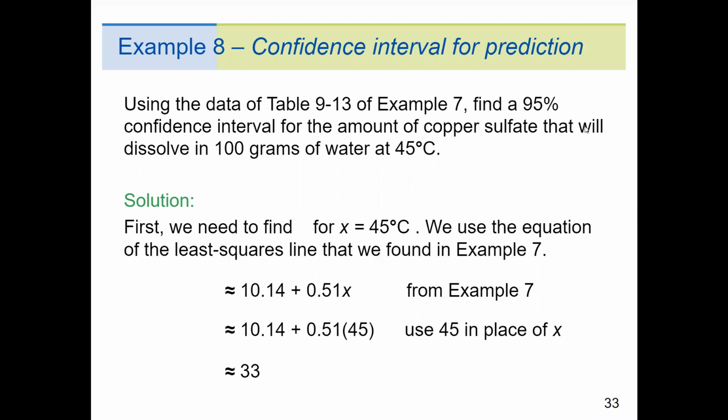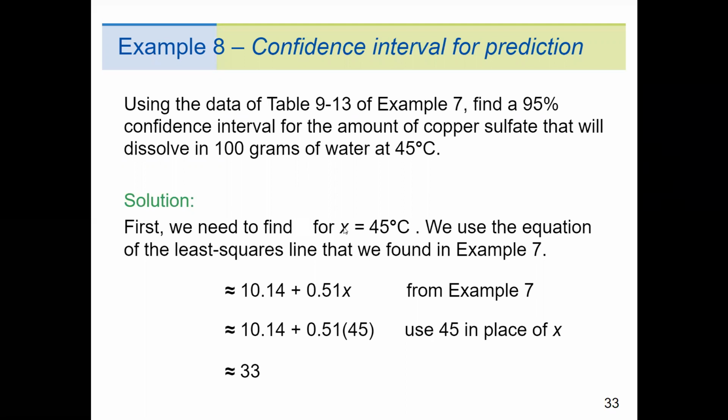Okay, let's look at this example. Using the data of table 9.13 from example 7, find a 95% confidence interval for the amount of copper sulfate that will dissolve in 100 grams of water at 45 degrees Celsius. If you remember, they went by tens, so 45 would not be a given value.